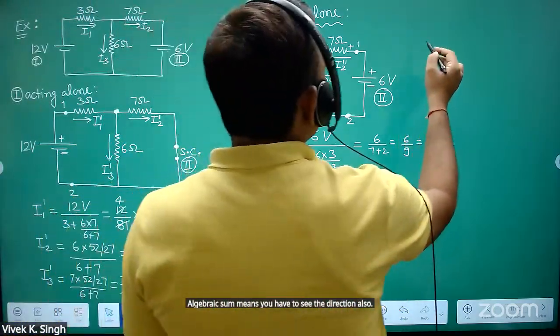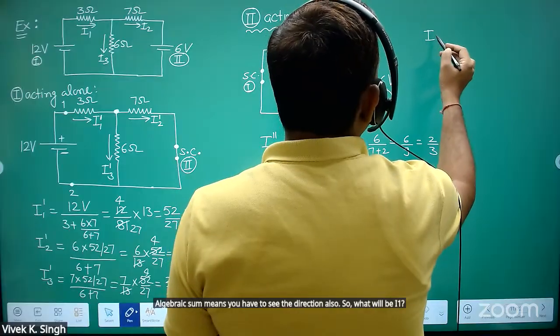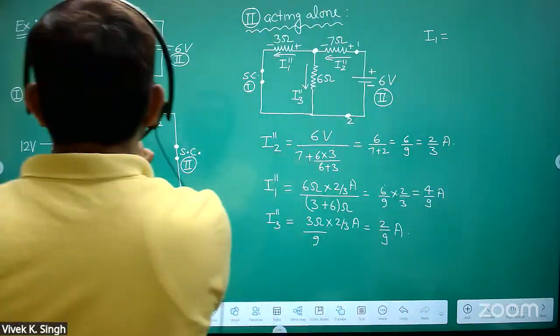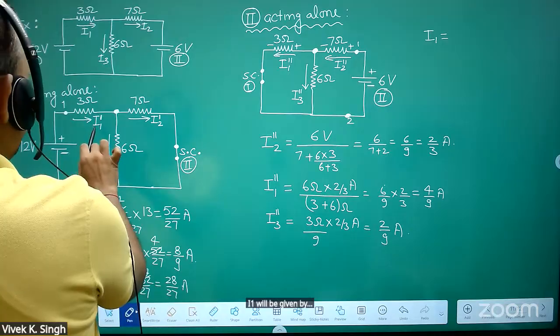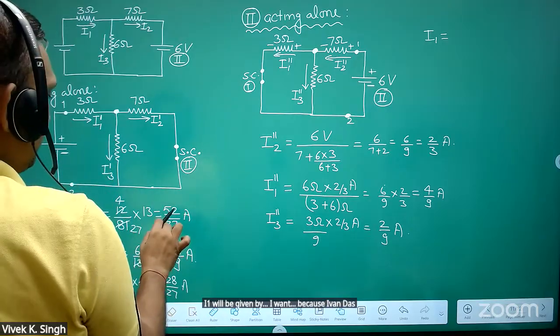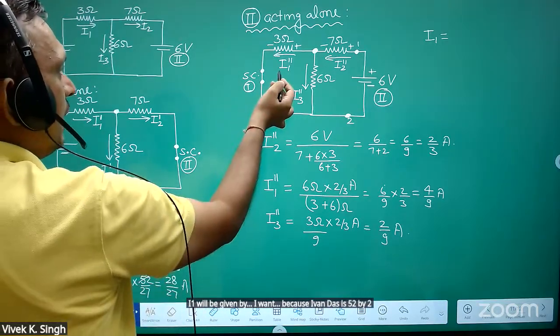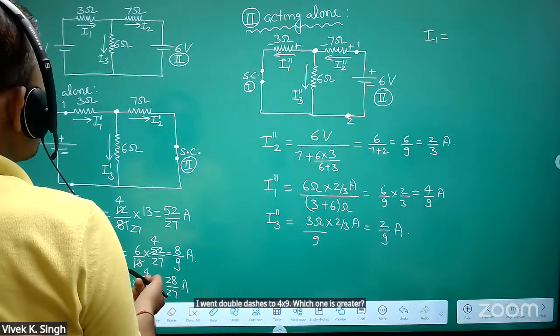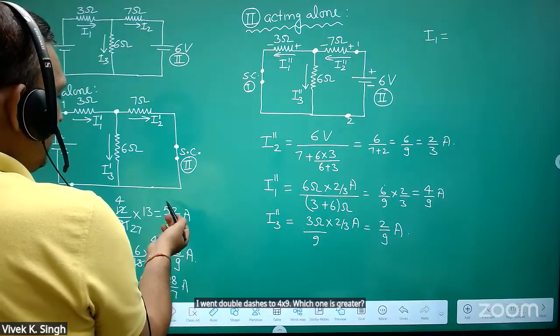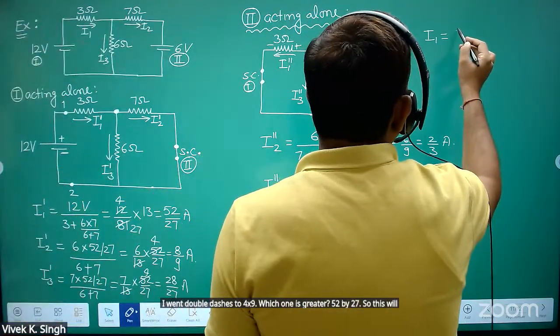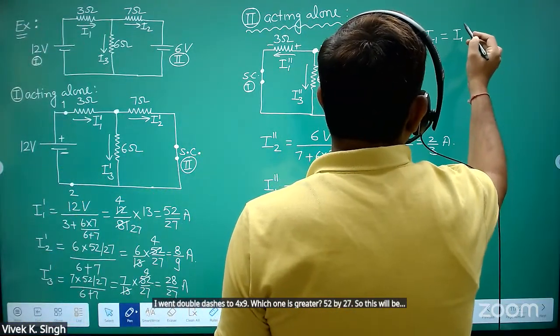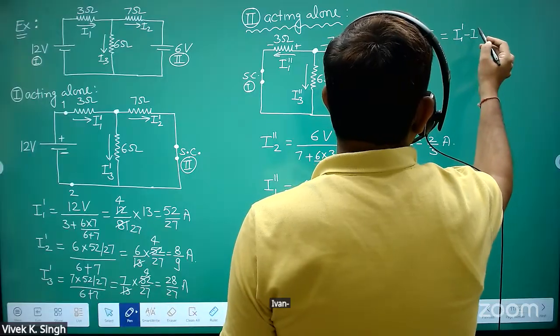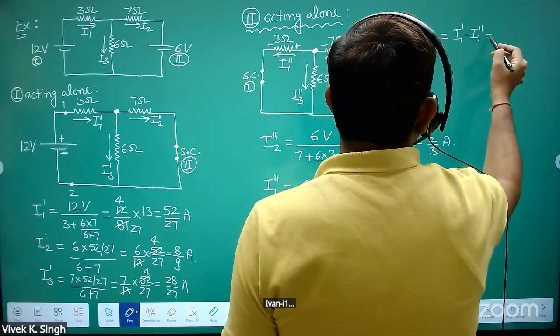So what will be I1? I1 dash is 52 by 27, I1 double dash is 4 by 9. Which one is greater? 52 by 27. So this will be I1 dash minus I1 double dash.